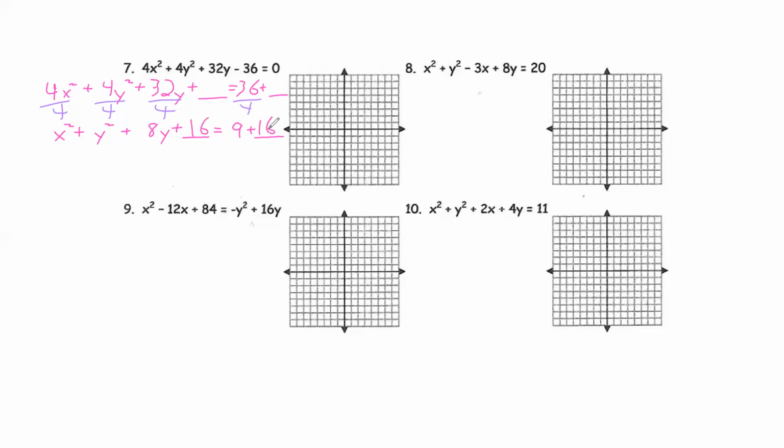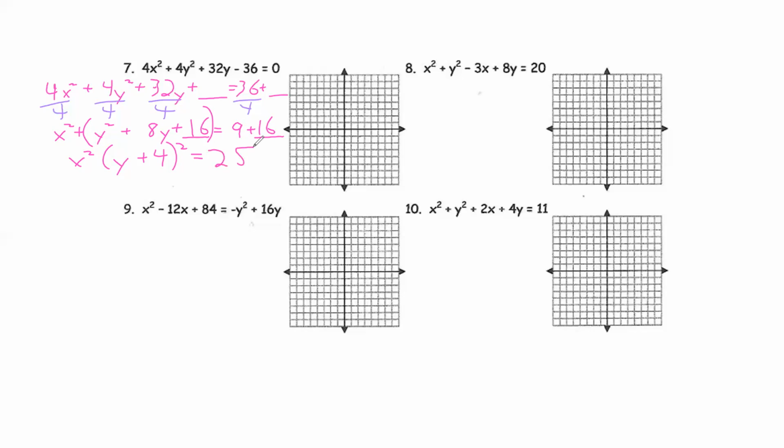So plug in 16. We now have a perfect square trinomial. And we get back to that part. Square root of the first term, square root of the last term, sign from the middle. On the other side, 9 and 16 is 25.